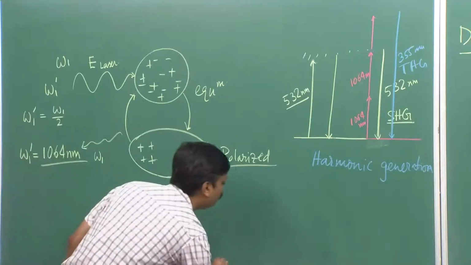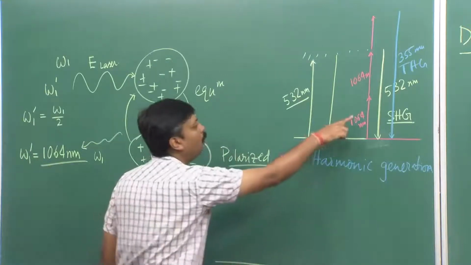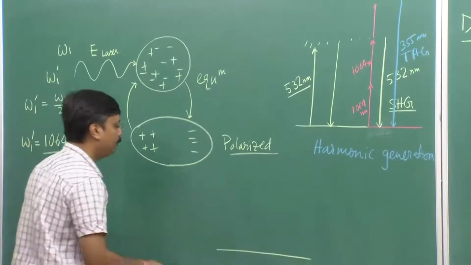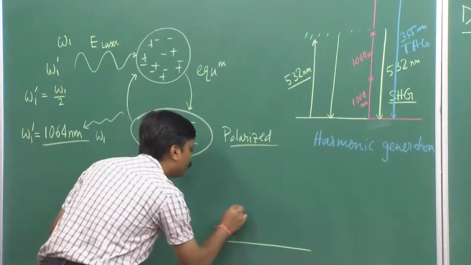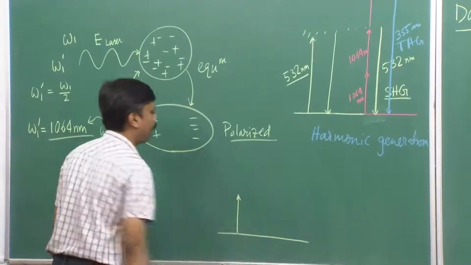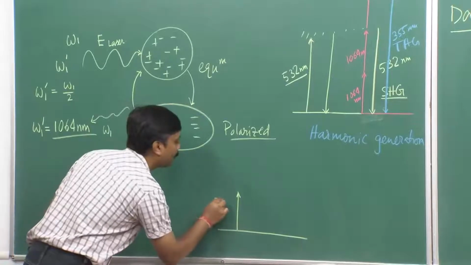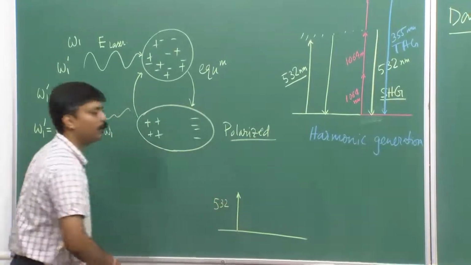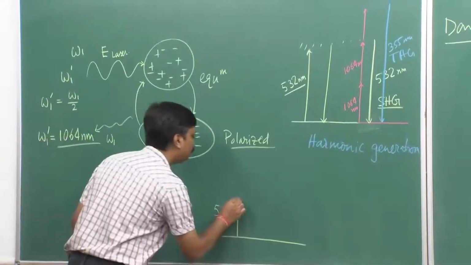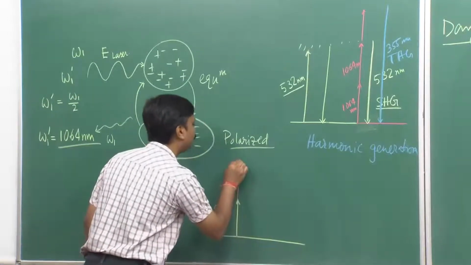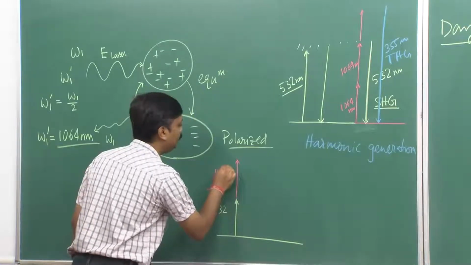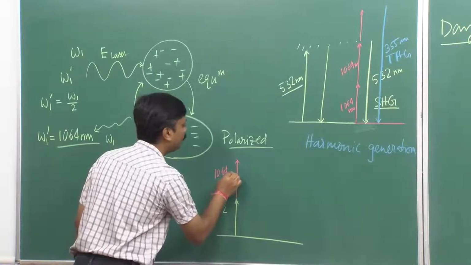So far we have shown all the photons are of equal frequency. Now, if I have say one photon of 532 nanometer and then another photon of 1064 nanometer, the lengths are not to be scaled.